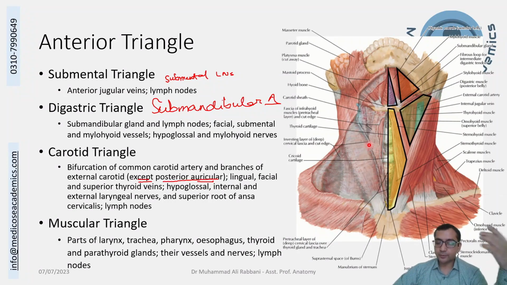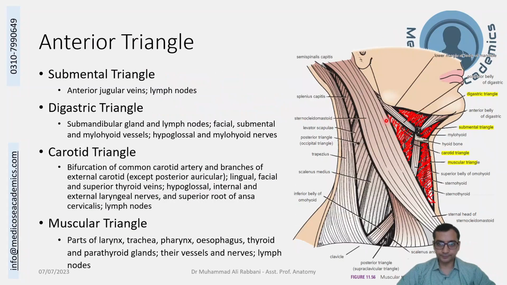You must remember from the thorax that between the trachea and esophagus there is always the recurrent laryngeal nerve running. This will be part of it. And in front of this there is an organ, the thyroid gland, and just behind it the parathyroid gland. So these are the structures found in the middle, the muscular triangle.